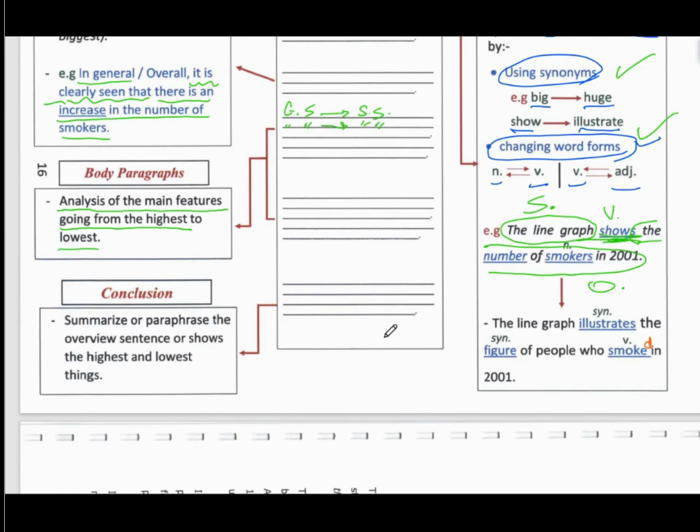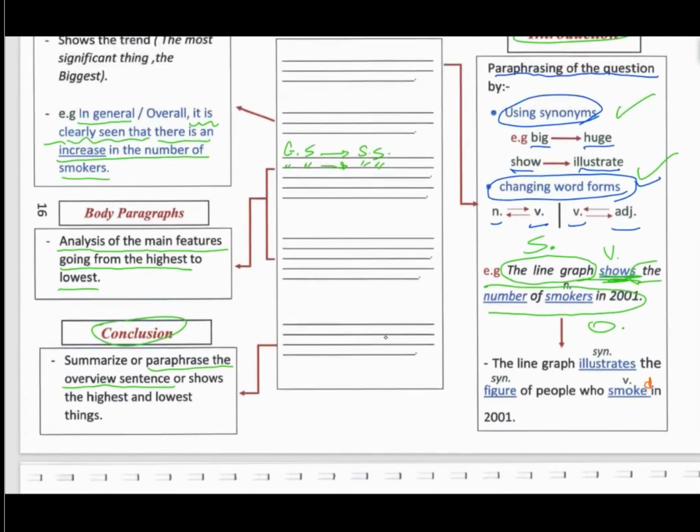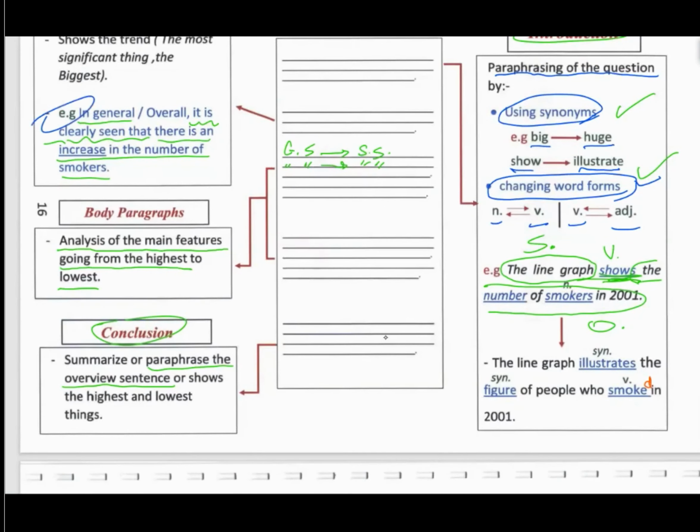What is in the conclusion? The conclusion would be a paraphrasing of the overview sentence. To make it easy, try to paraphrase the overview sentence. What you wrote in here, say it in another way in here, in the conclusion.